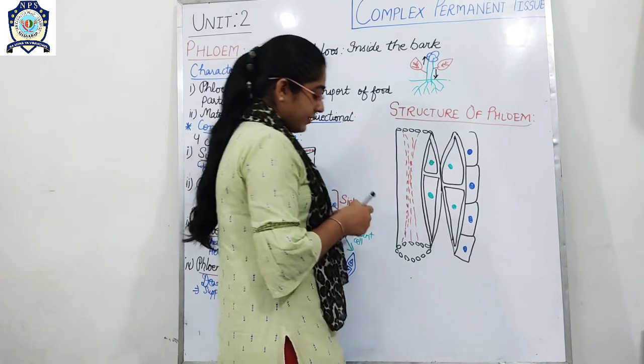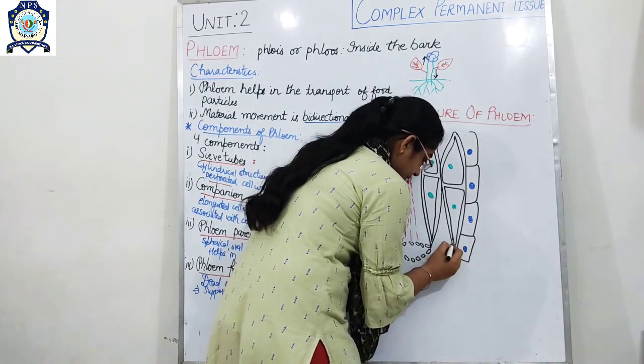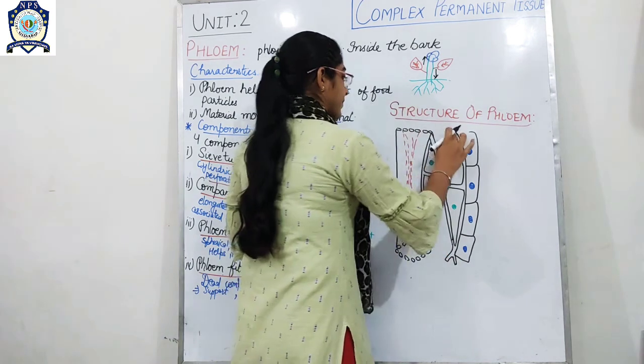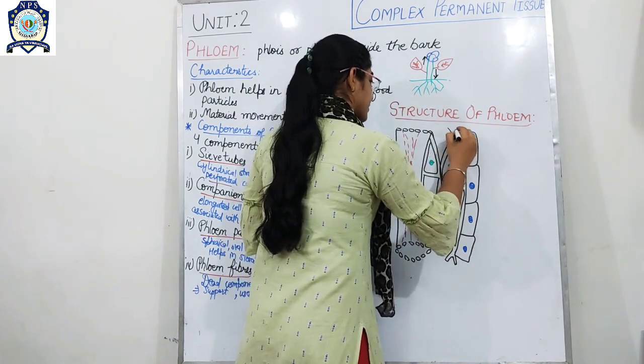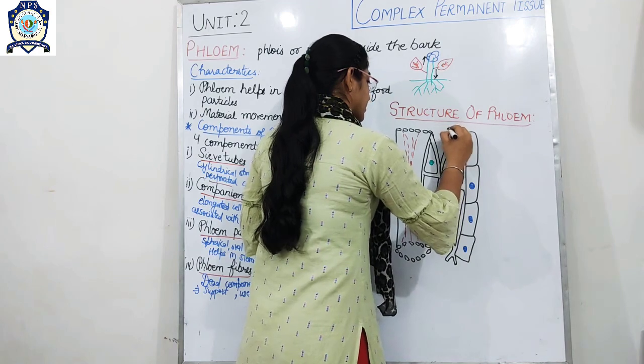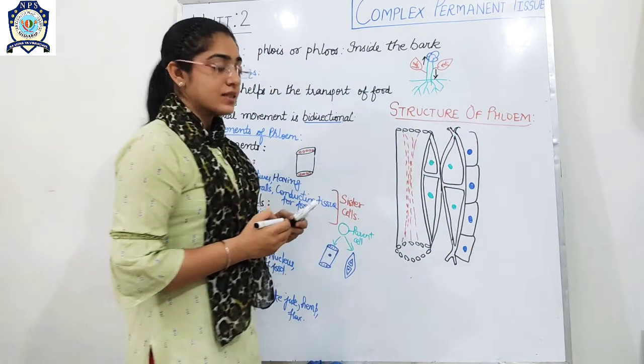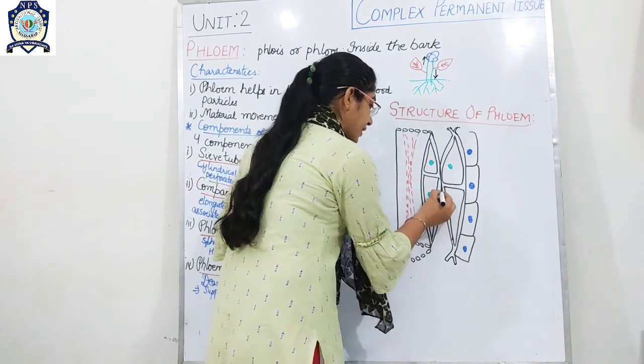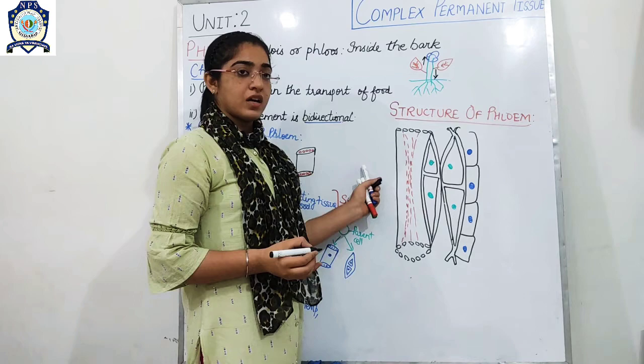Okay, so this is the structure. Okay, so this is the diagram which is representing the maximum components of the phloem.